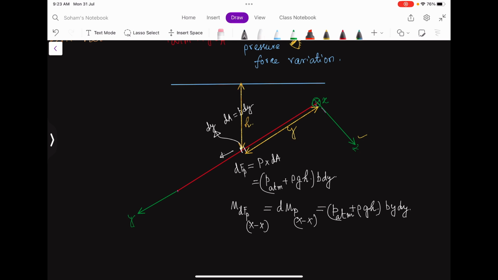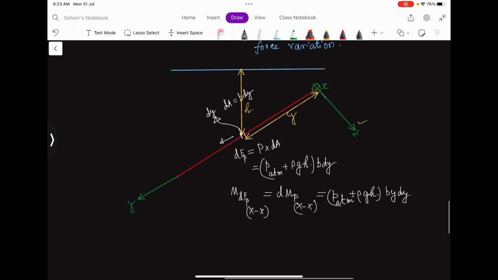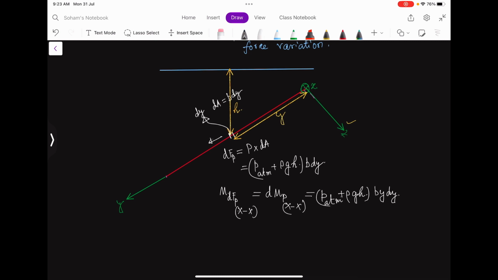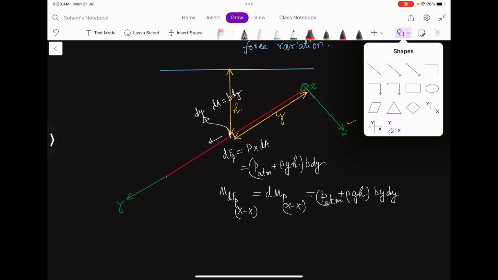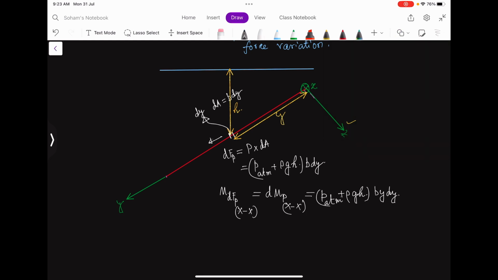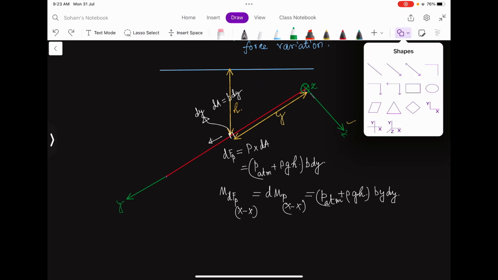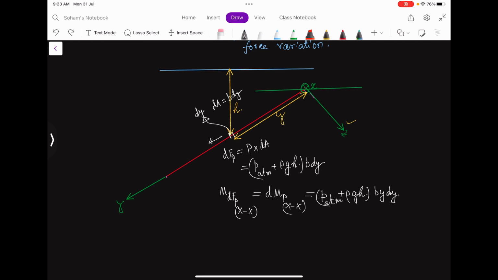Now I can replace this h. If I am given this angle, this is the horizontal line, though it does not look like it, right? If I am given this angle as alpha with the horizontal, then y sine alpha is equal to h.